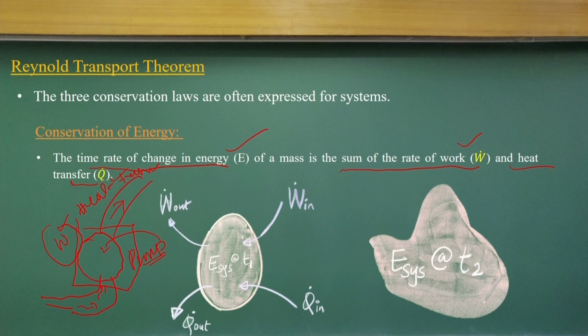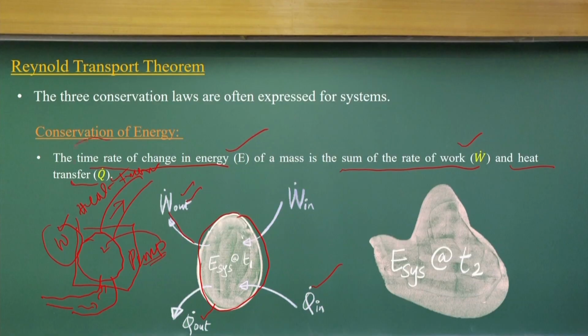As in the example, if you have a system at T1, you can have work done components coming in and going out, flow coming in, heat going out. The net sum of the rate of work and the heat will change the time rate of change of energy. That is the energy of the system at T2.